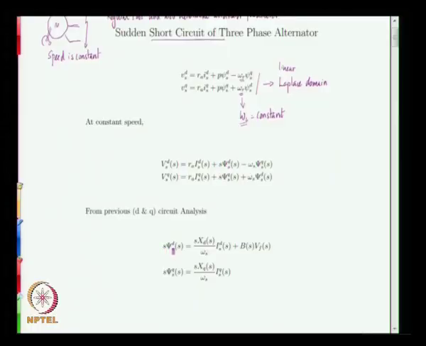s times psi d of s is nothing but s into xd of s, the direct axis operational reactance, divided by omega s, the synchronous speed, into Id of s plus the other factor B of s multiplied by the Laplace transform of the field voltage.